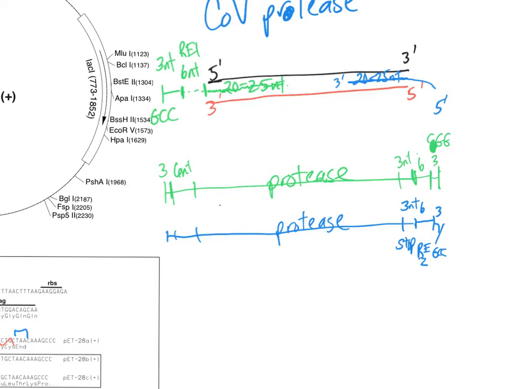Okay, and what I'm going to do is say this is my top strand. That was my primer 1. Okay, that was my coding strand. It went 5' to 3', and this is what I'm actually making. This is the 3 and the 6, and then the 20 to 25 nucleotides here. Okay, so that is what I'm going to make here.